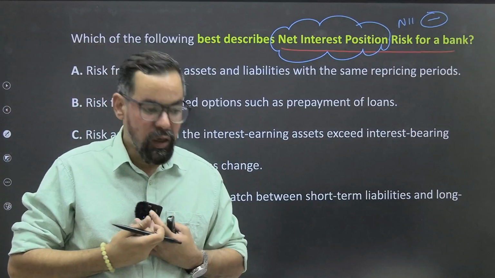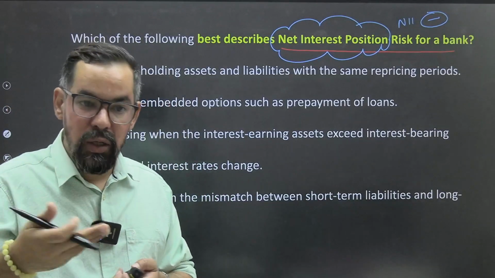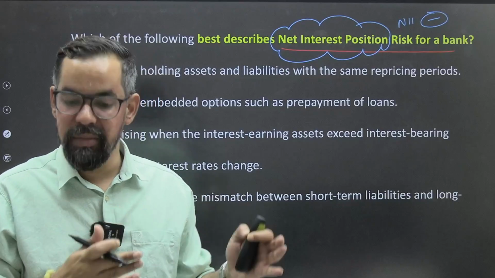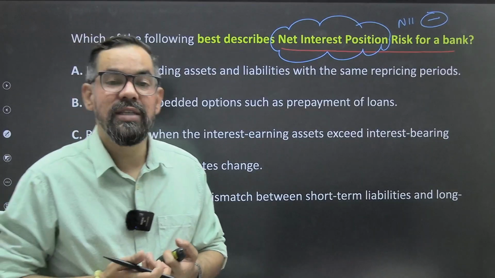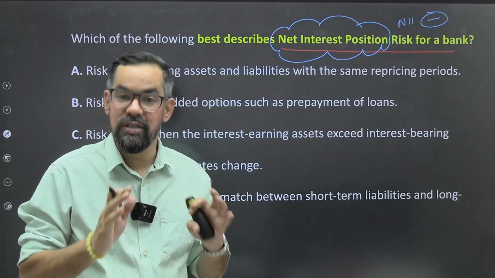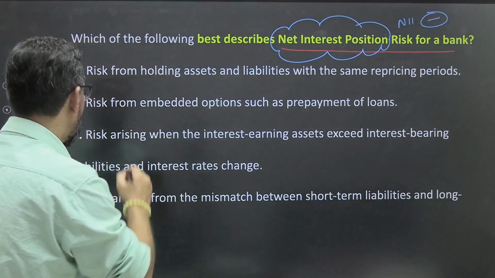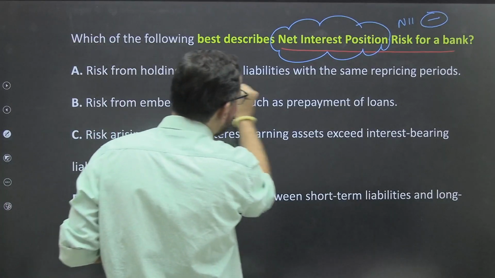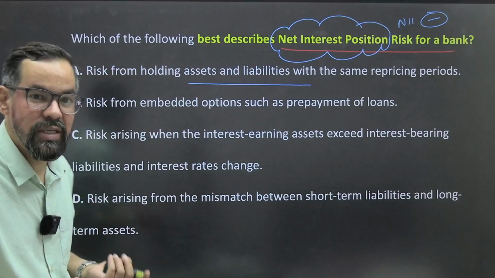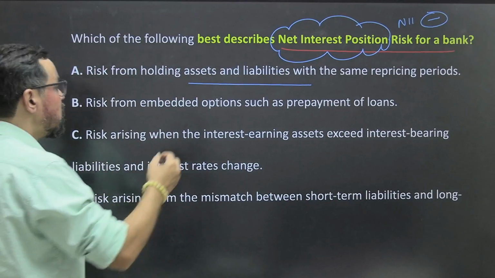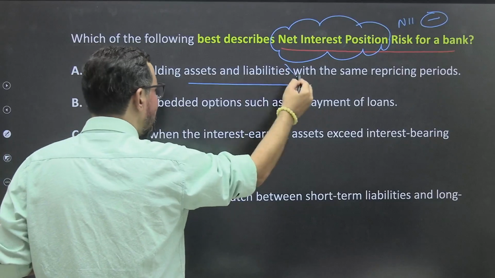Let's say the inflow is lower than the outflows on some assets. That means those assets are generating some sort of interest rate risk for the bank. Risk from holding assets and liabilities with the same repricing period involves no risk, so we have a proper ALM in this case.